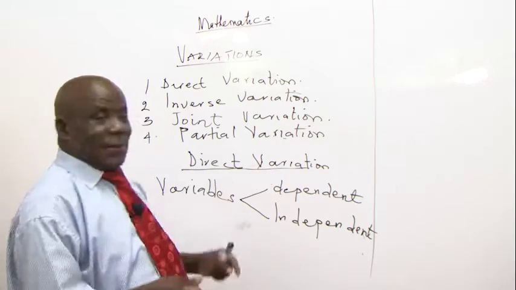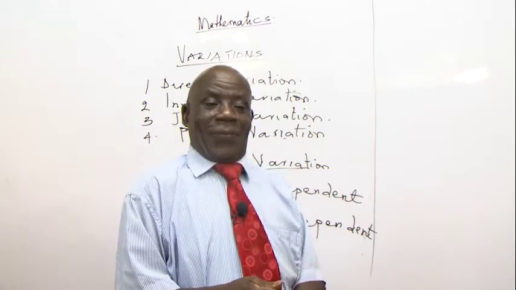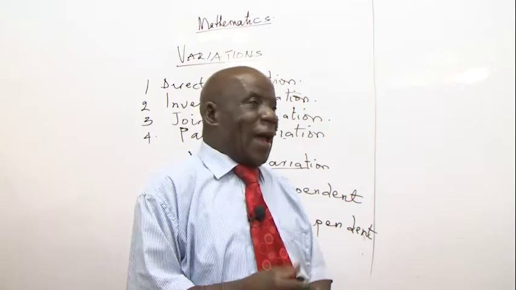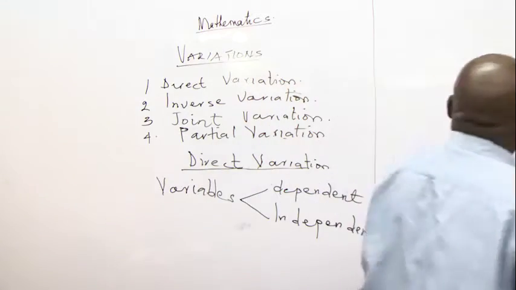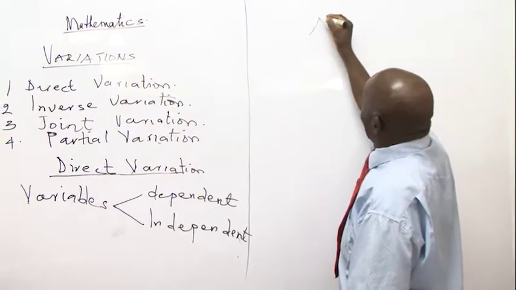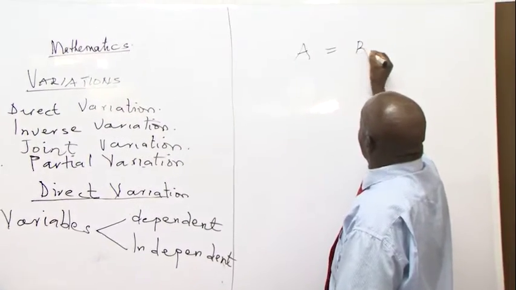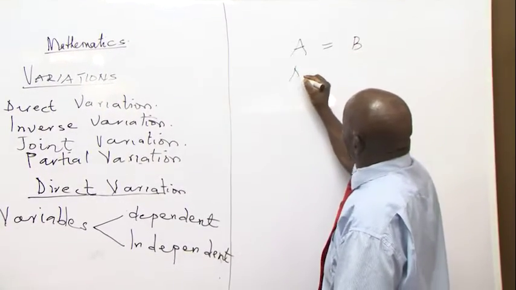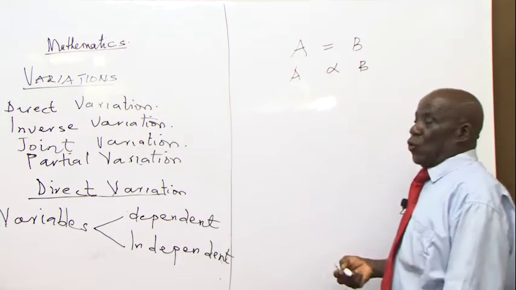Now, direct variation. There are terms normally used in mathematics. If I say A equals B and A ∝ B, please take note.